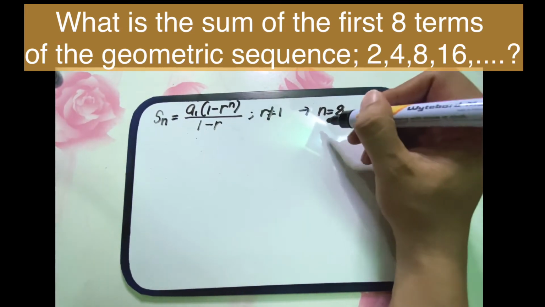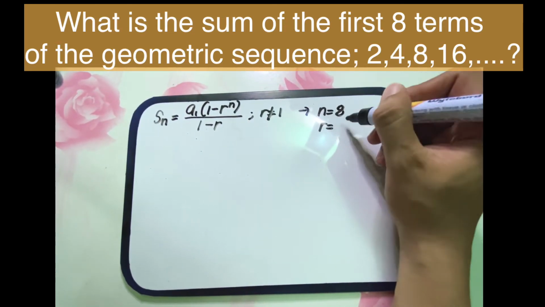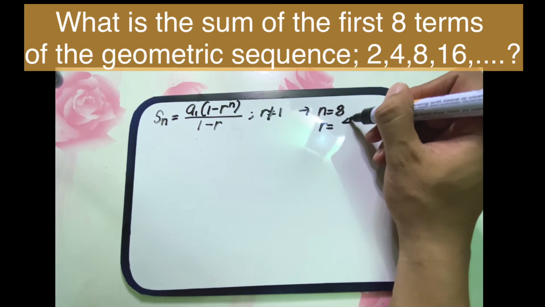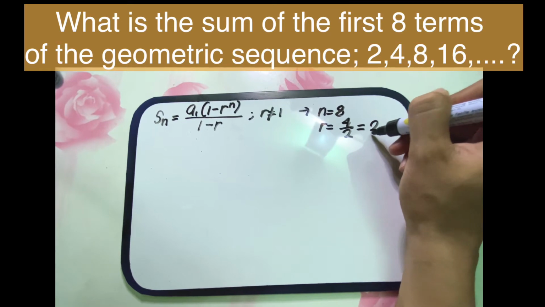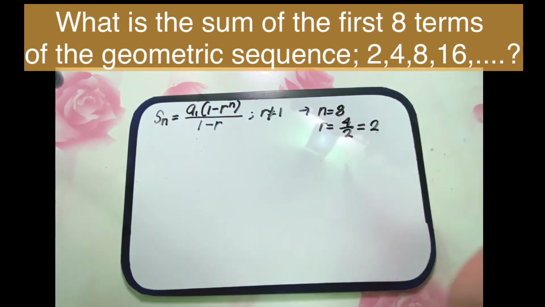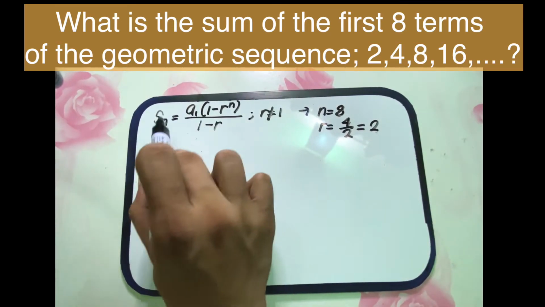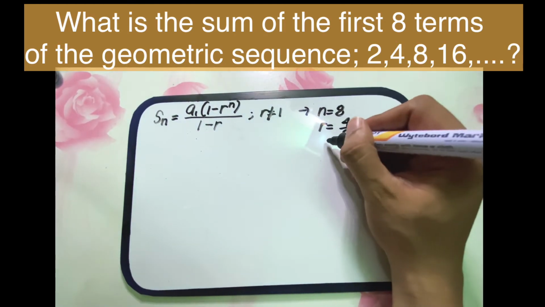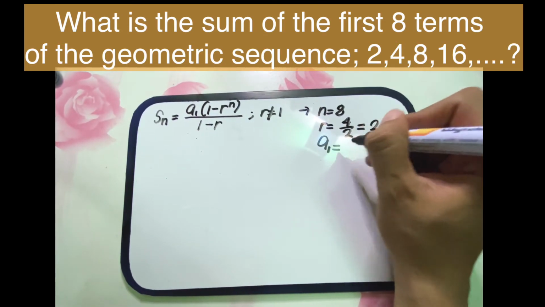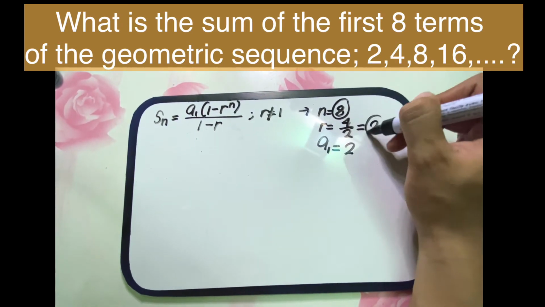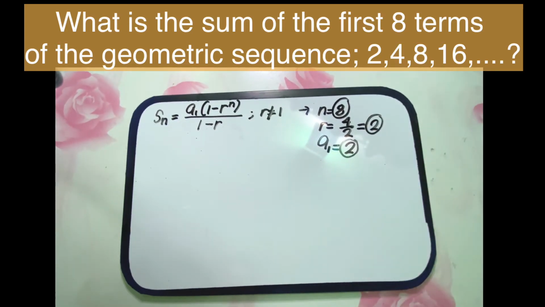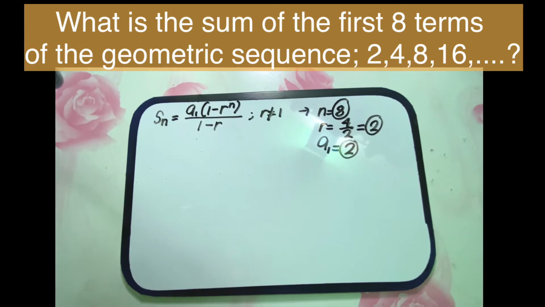The ratio is 4 divided by 2, which is equal to 2. So 2 is not equal to 1, and we can use this formula. Then our a sub 1 from the geometric sequence is 2. By using these three values, we can now get the sum.